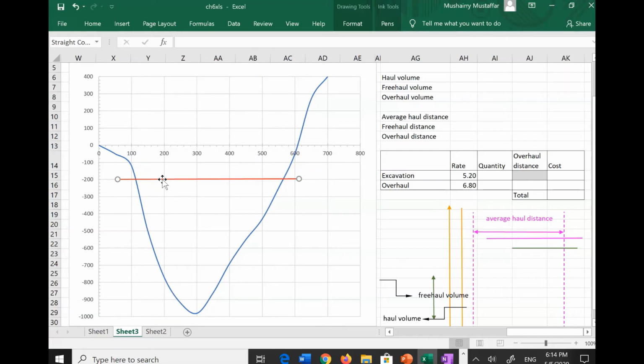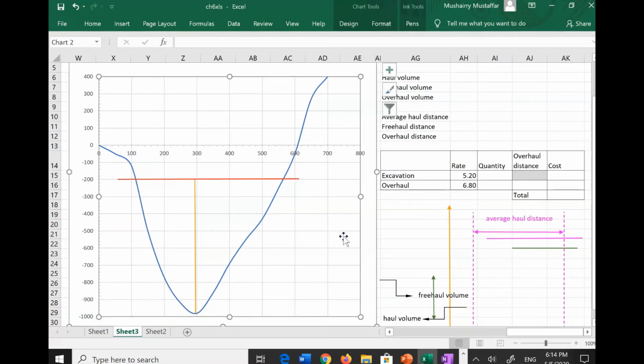Now once you've got that, you have to find out the whole volume, the total volume that will be hauled, that will be transported. It's given simply by the vertical line from the very bottom part of the curve to the balancing line.